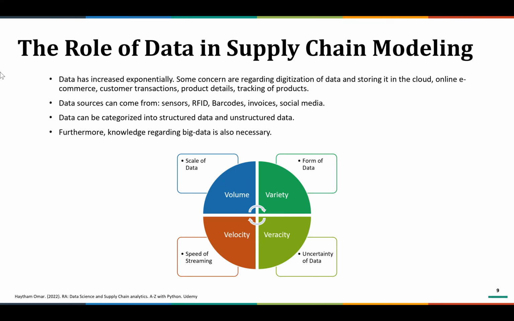We have several types of decisions that can be taken when you have supply chain problems. So in that case, you need to understand the types of data, the source of data, the category of data that you are working on.